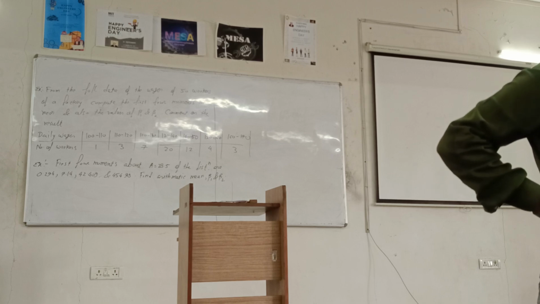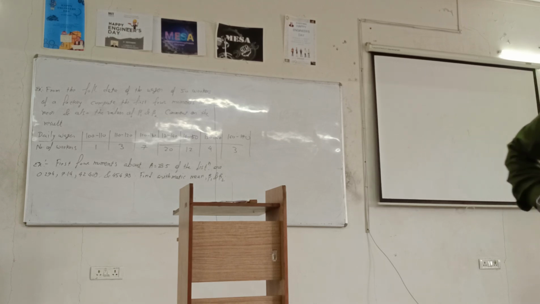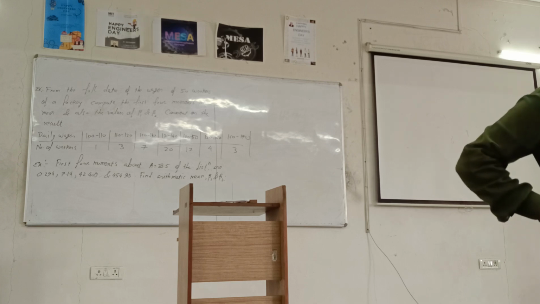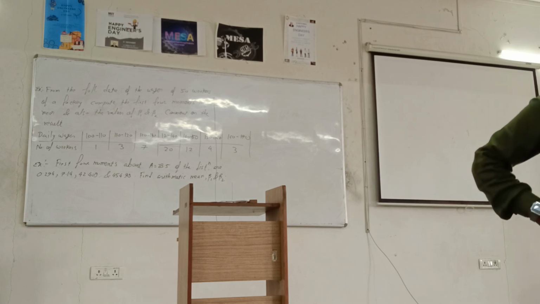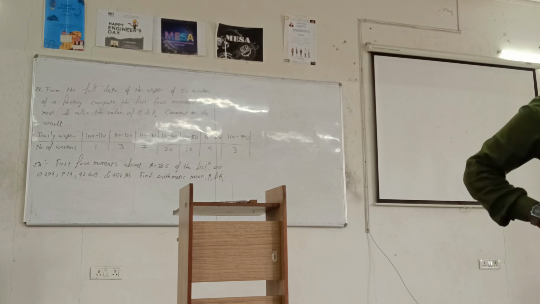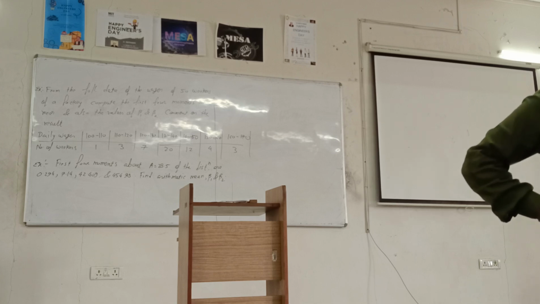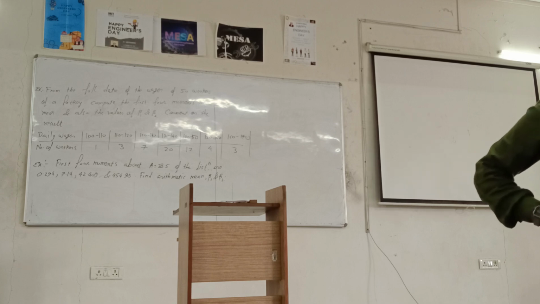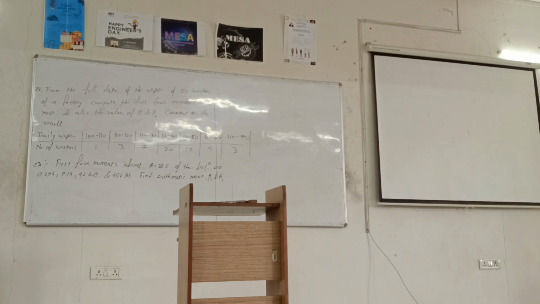Next, if I want to find the first four moments about A, then first I have to find the raw moments. How do we find them? Now the values are very large: x values are 105, 115, 125. So when using the shortcut method, first we identify A and H. What will be your A and what will be your H?